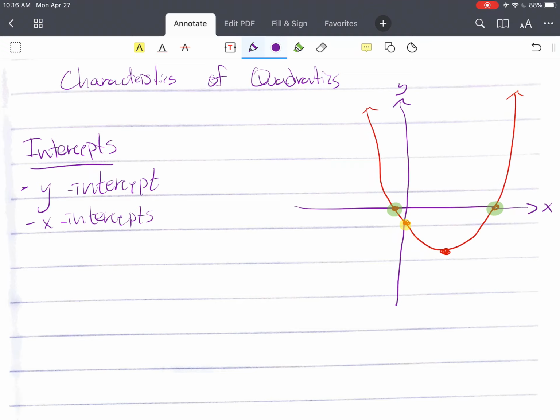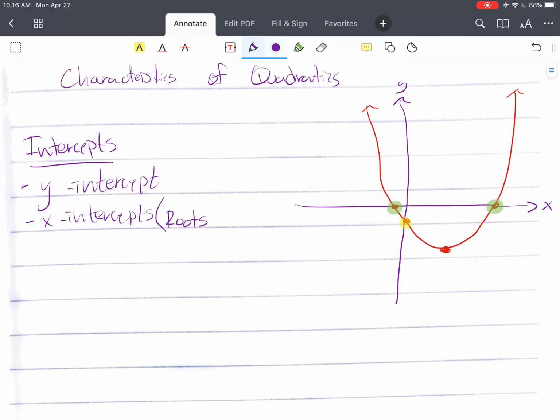X-intercepts are probably one of the most important things about quadratics, okay? And we use a lot of different names for x-intercepts. Most people don't even say x-intercepts. I'm going to tell you some of the different words that people use, so if you ever watch other YouTube videos or next year, you already know what they're talking about. Another word for x-intercepts is roots.